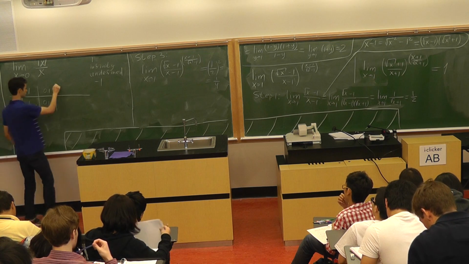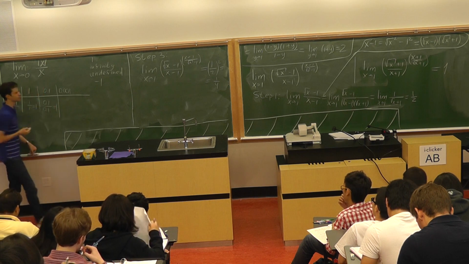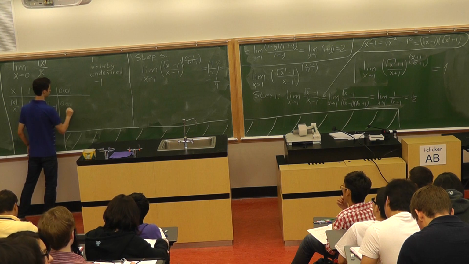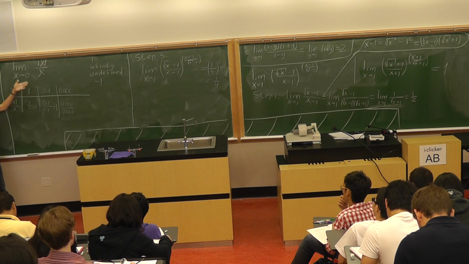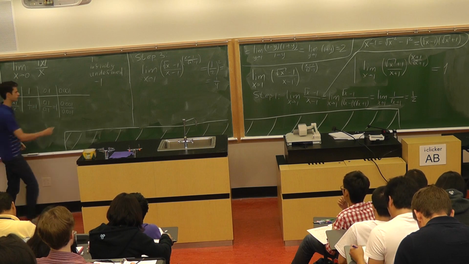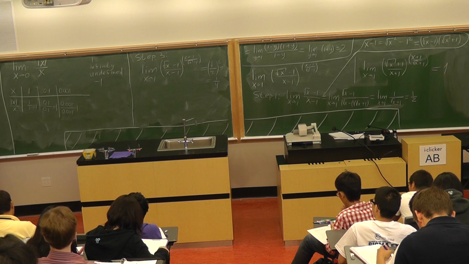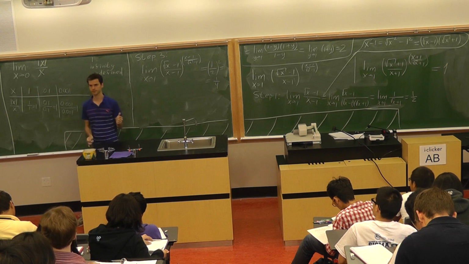To be sure, when x is 0.0001, something like this, the quotient is still the same thing. Basically, applying the absolute value doesn't change anything, and you get 1. So it's tempting to conclude that the limit is 1.